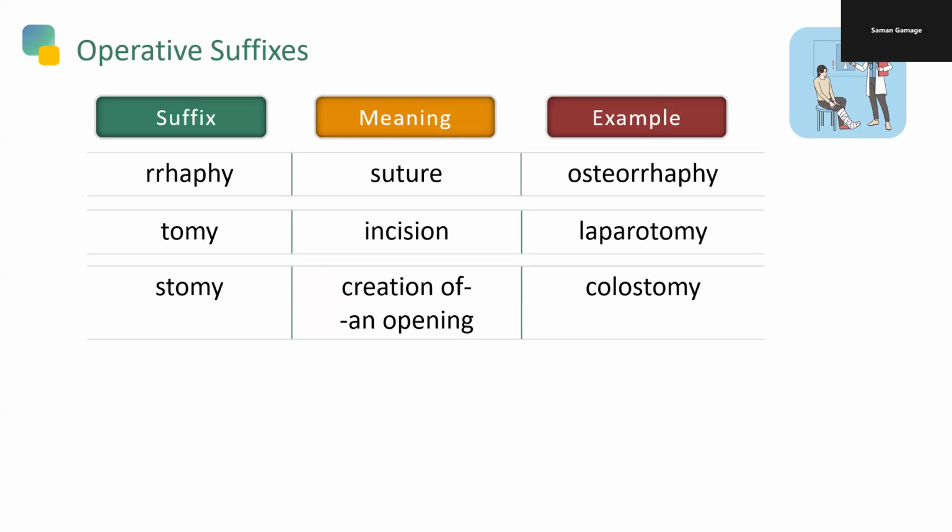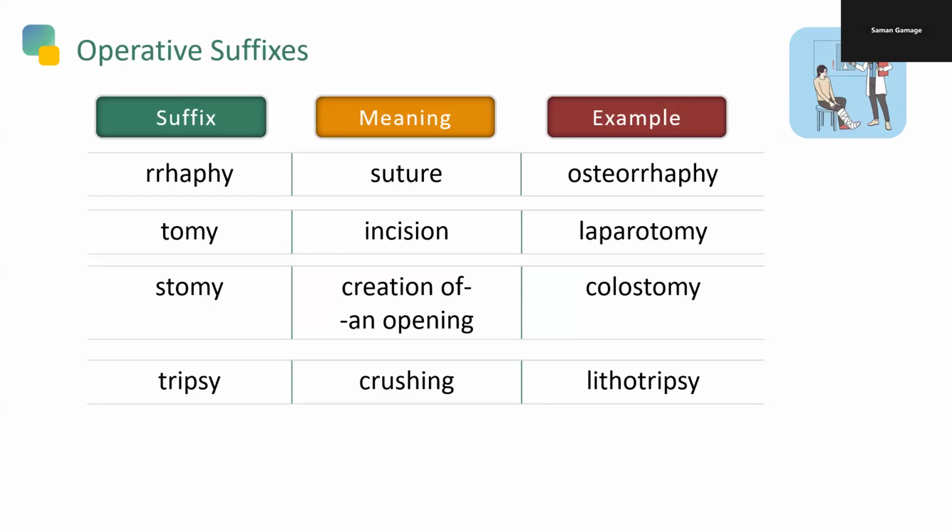We surgically create an opening in the colon to facilitate bowel movements when some major bowel surgery has been done. Tripsy is crushing. Lithotripsy is crushing of stones. So you can use laser beams to crush stones, urinary stones. This is called lithotripsy.